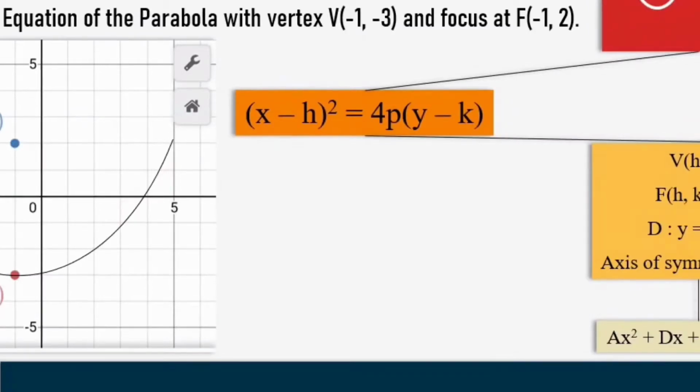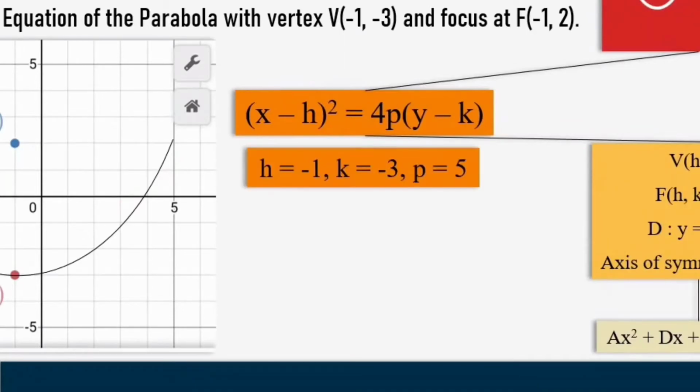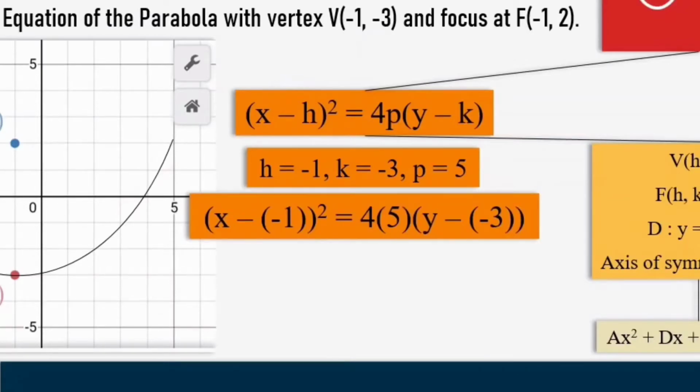Identify natin ang mga given. Again, the value of h is equal to -1, k is equal to -3, p is equal to 5. That is the focal distance na kinuha natin kanina. Then, substitute na natin sa equation, we have x minus -1 squared is equal to 4 times 5 times the quantity of y minus -3.